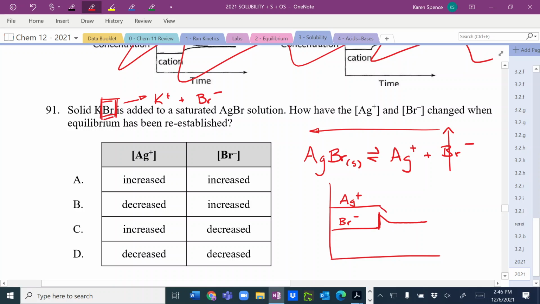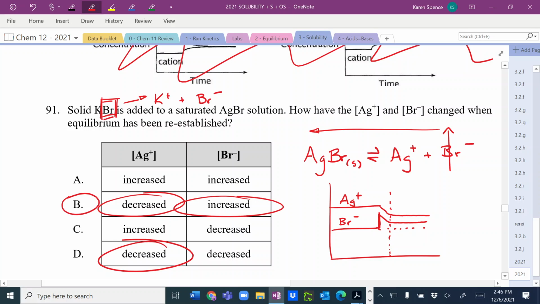It will also go down. So what can you say about the concentration of silver after equilibrium is reestablished? Silver has decreased, so we're either looking at this one or this one. What has happened to our bromide? It has increased, right, because it's bigger than it was originally. So we're looking at B.